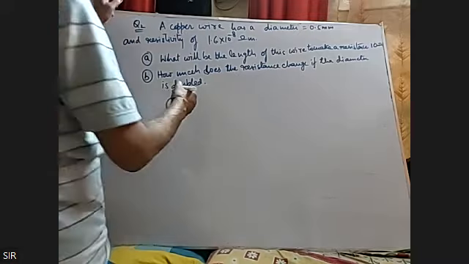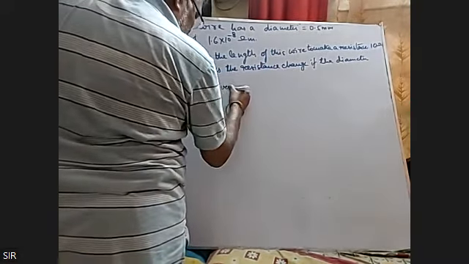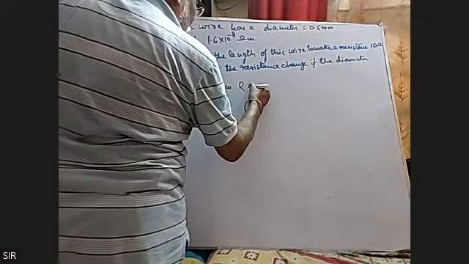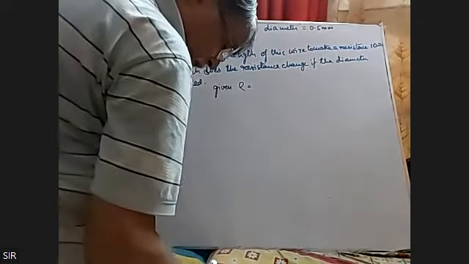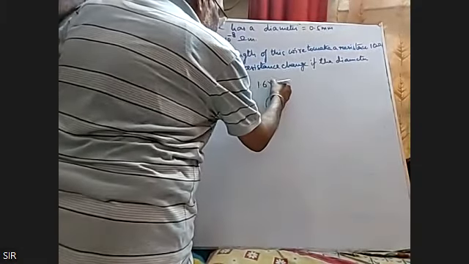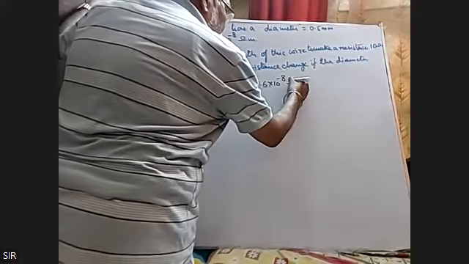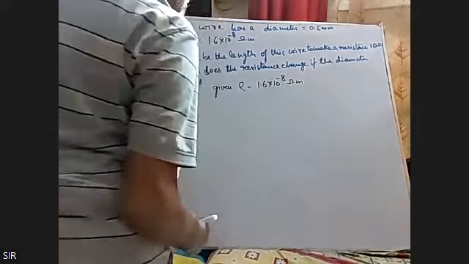Okay, let's solve it. Given rho is equal to 1.6 into 10 to the power minus 8 ohm meter, right?